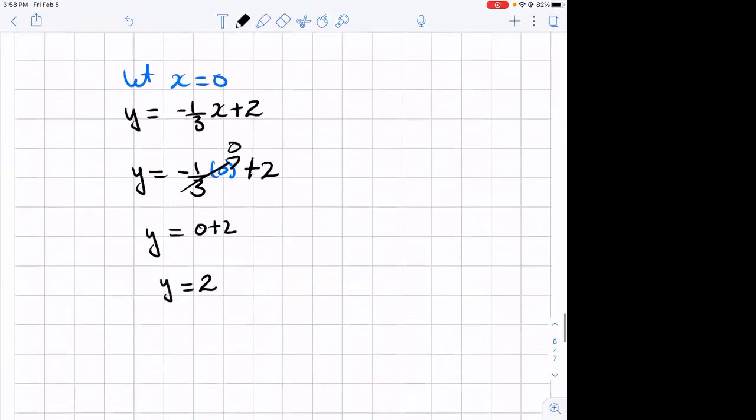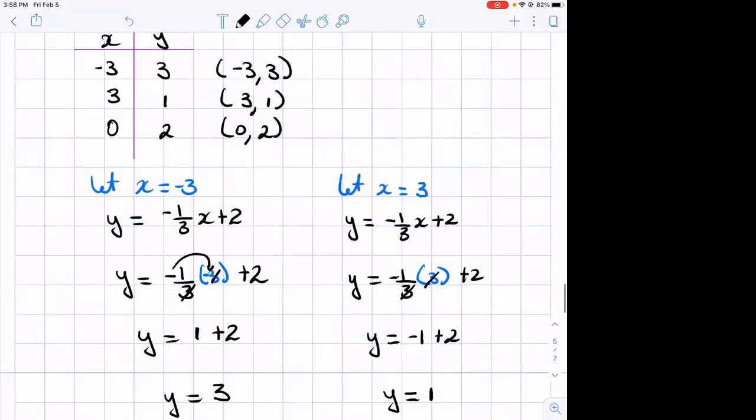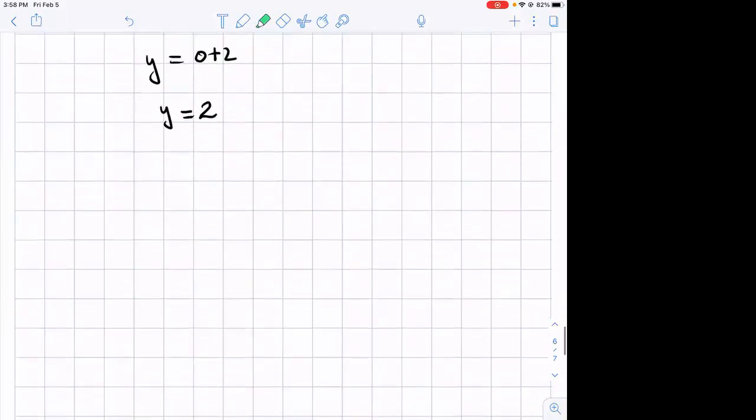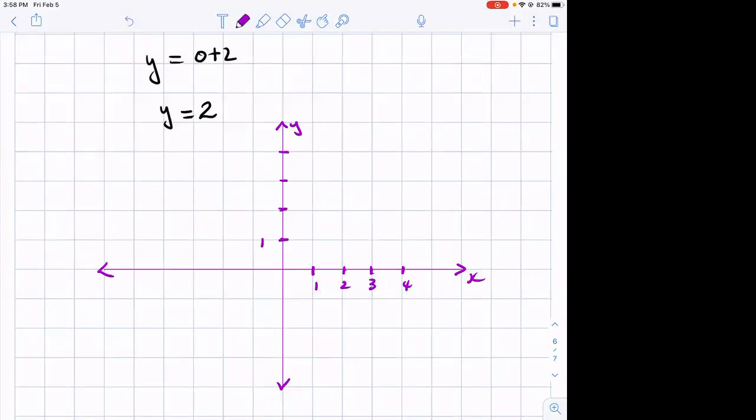And we can plot these three points here and then connect them with a line passing through those points. So if I draw my graph, the xy axis, we have 1, 2, 3, 4, 1, 2, 3, 4.